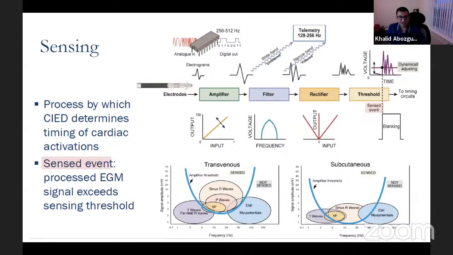So the more leads you have, the more artifact and the lower the quality of the MRI, but it doesn't mean you cannot do it. Any concern about MRI safety with the number of leads, whether abandoned or not, as we discussed, is not as much as it used to be.